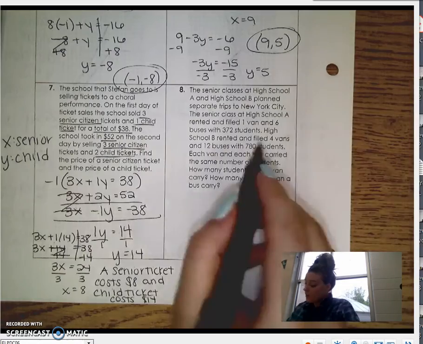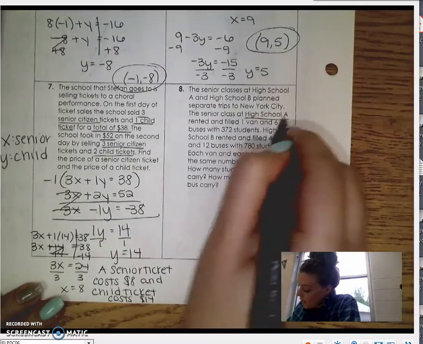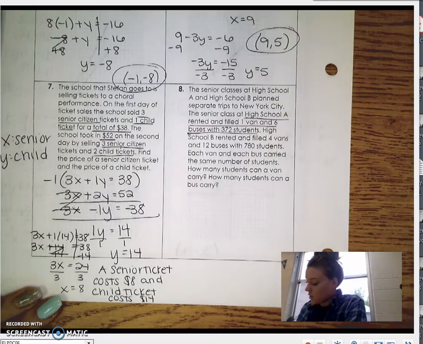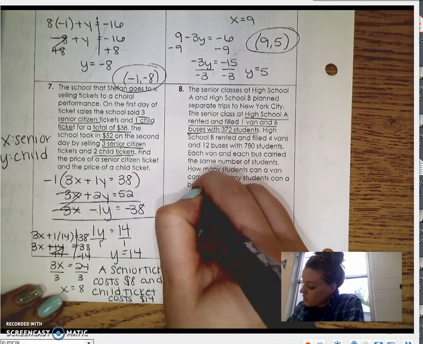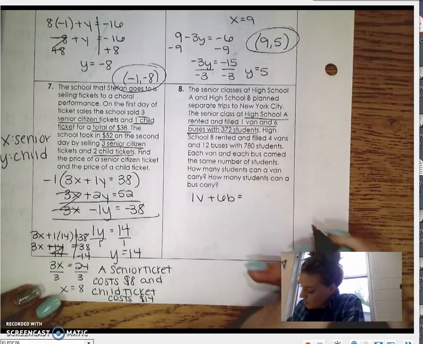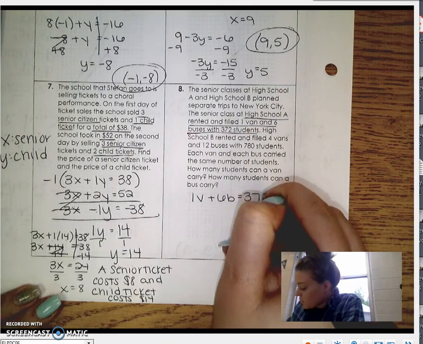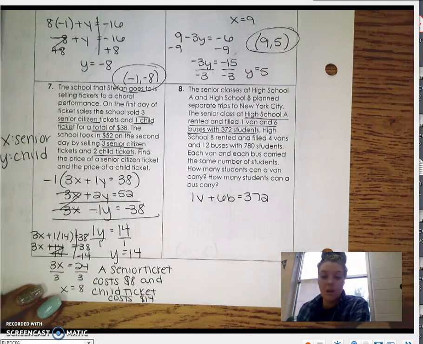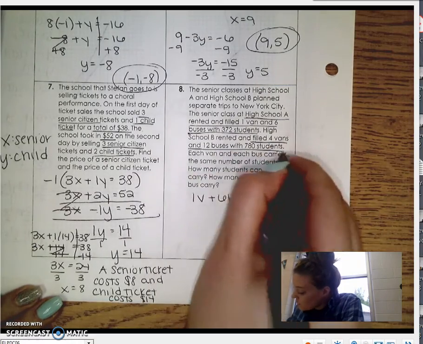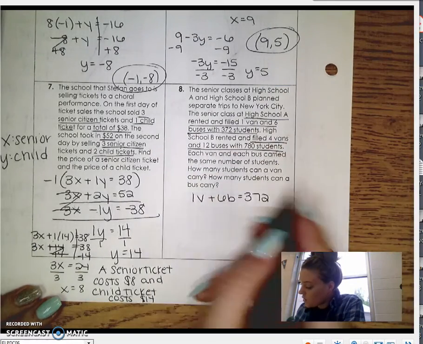Okay, so it says High School A rented and filled 1 van and 6 buses with 372 students. So 1 van plus 6 buses is 372 students. High School B filled 4 vans and 12 buses with 780 students.